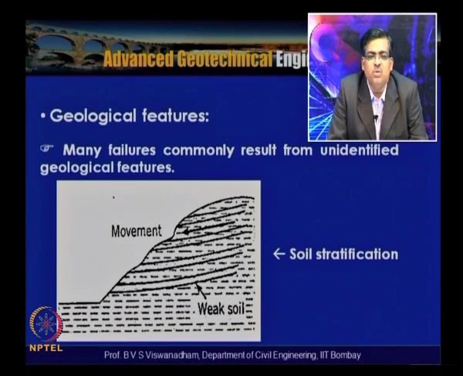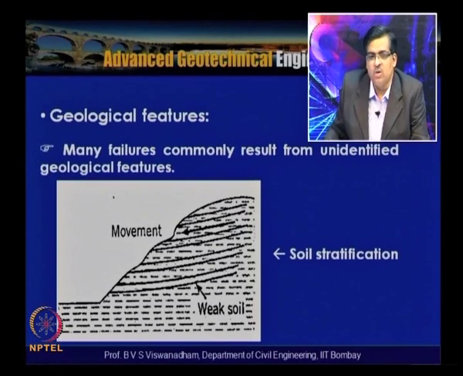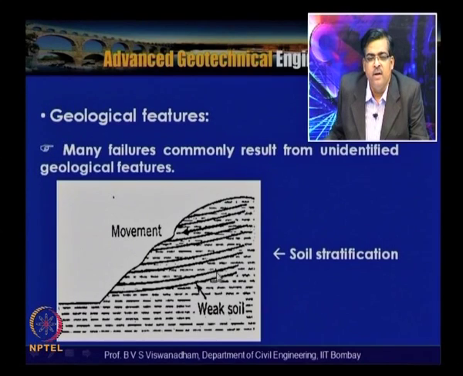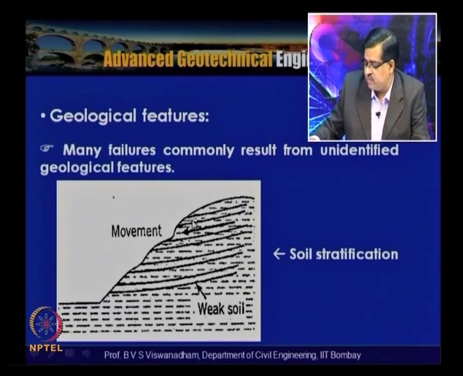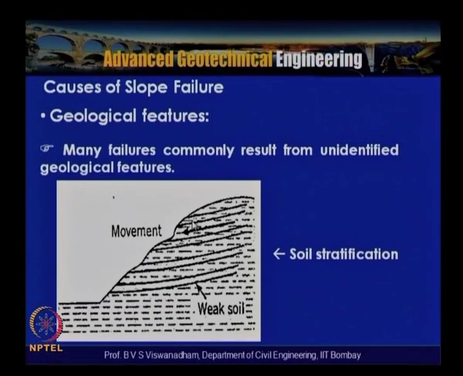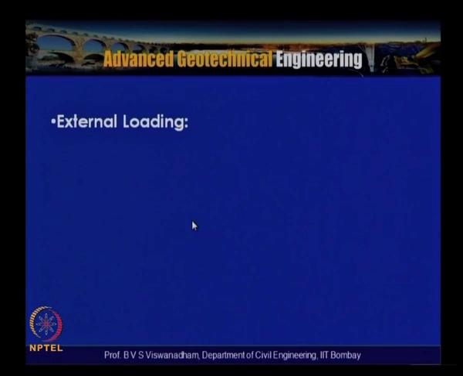This can lead to a proper design of a slope. A typical soil stratification zone, where you have reasonably good soil and weak soil, and good soil and weak soil, can lead to failure. So, this is another type of slope failure.